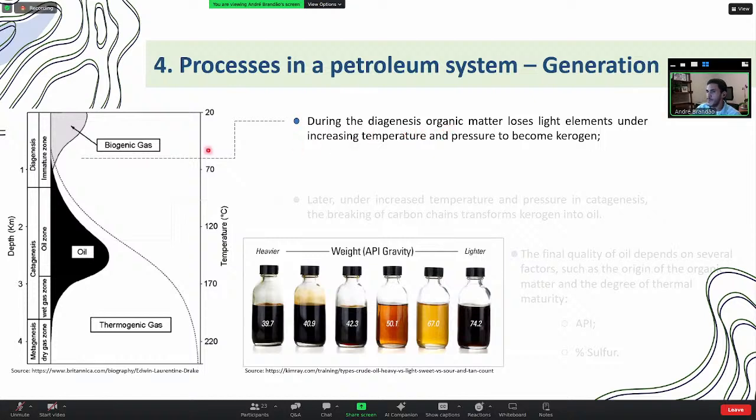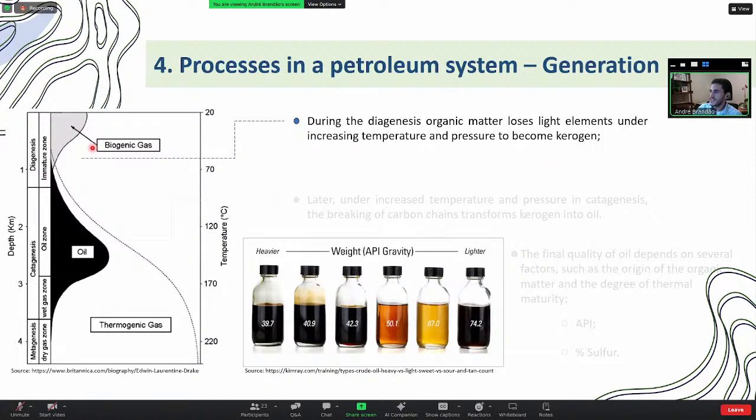With the subsidence occurring in the basin, we have increasing temperature and increasing pressure, so organic matter loses the light elements and becomes kerogen. It's still a complex compound, but less complex than organic matter, and this is a precursor of oil. This is still an immature zone.